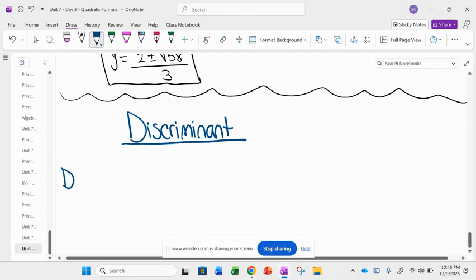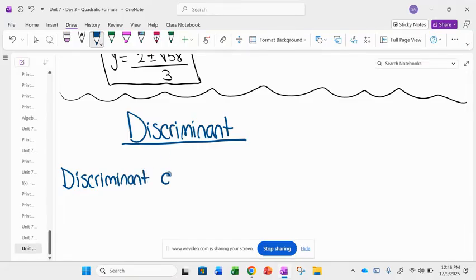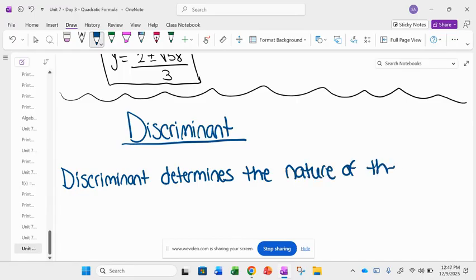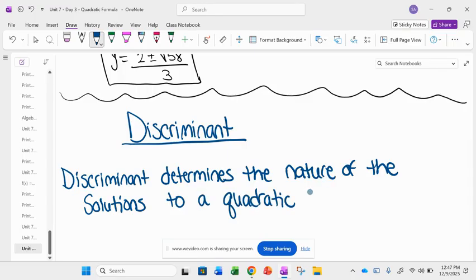Okay, so the discriminant determines the nature of the solutions to a quadratic equation.